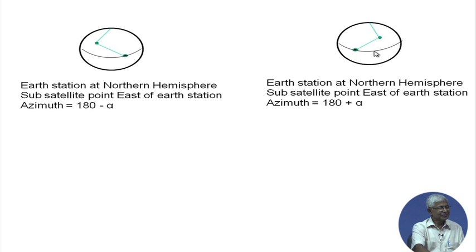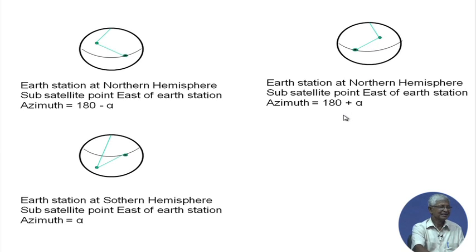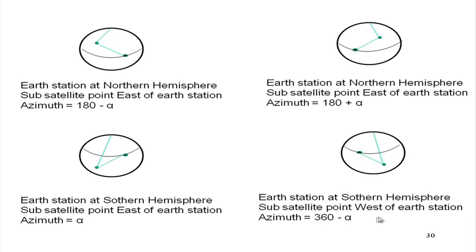Similarly, if the sub-satellite point is west of the station in the northern hemisphere, it will be 180 plus alpha. You can see from the north you come this way, 180 plus alpha. So, alpha is an angle like this. If it is the southern hemisphere, the azimuth is equal to alpha, and if the sub-satellite point is west of our station, 360 minus alpha. You can search books to find other ways of expression, but as communication engineers, let us not worry much; we can use this standard formula.